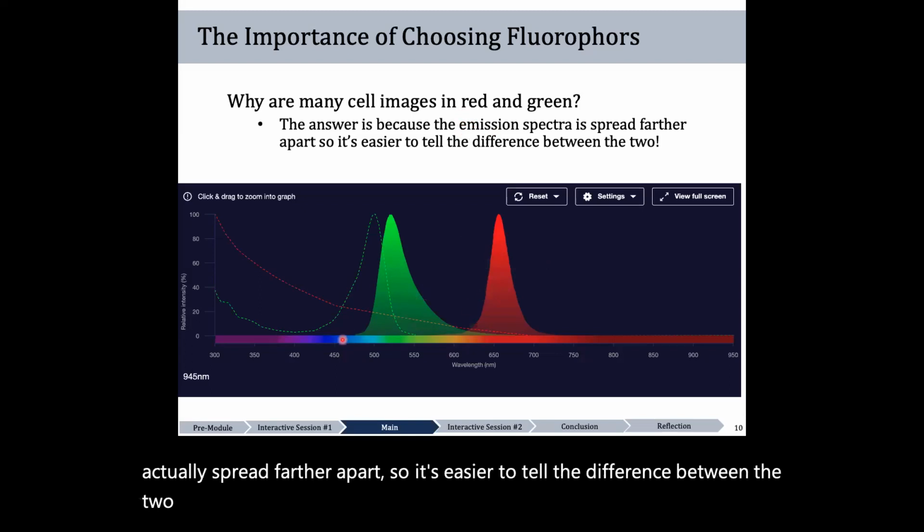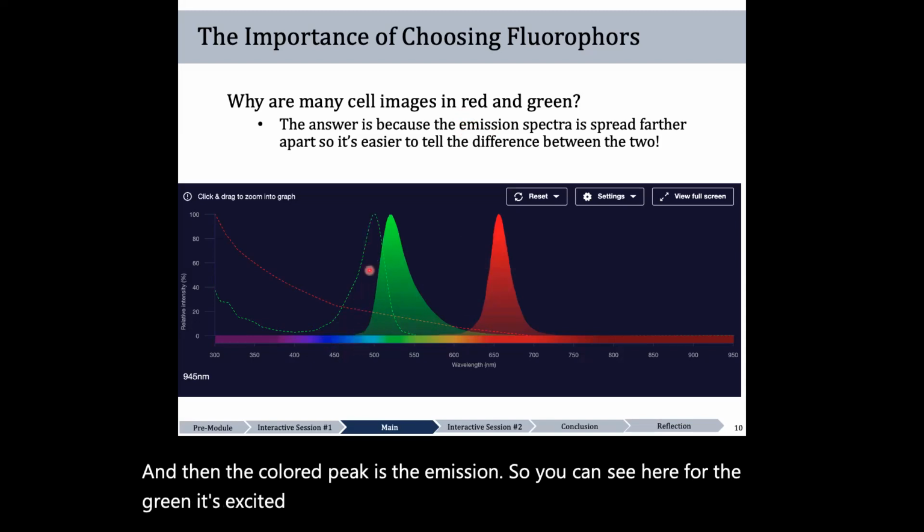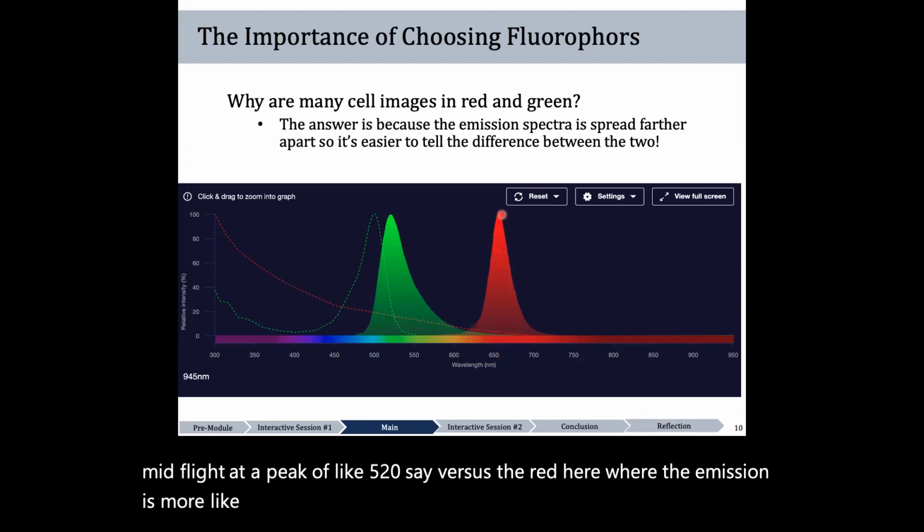So here the dotted line is the excitation, and the colored peak is the emission. You can see here for the green, it's excited around 480 nanometers, and it emits light at a peak of around 520, say, versus the red here, where the emission is more like 670, 680.